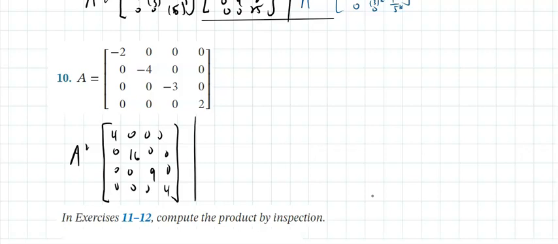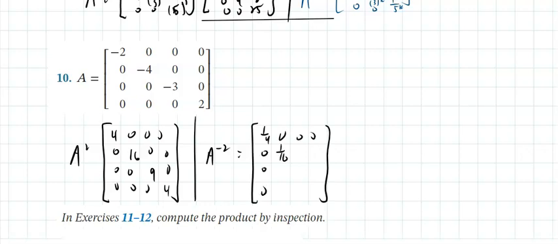And if I wanted to take a to the negative 2, that's simply 1 over. So 1/4, 1/16, 1/9, and 1/4.